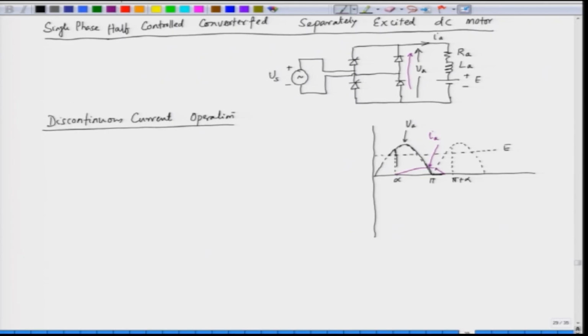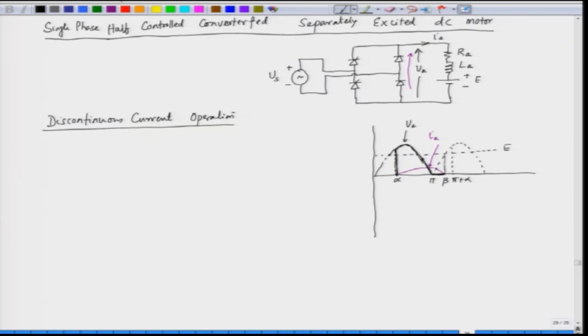So, this is how the voltage changes, this is V A, and then from this the voltage will be 0, and when the current is equal to 0, this angle is called the extinction angle, that is beta, as before. And after that the voltage will become the back EMF.